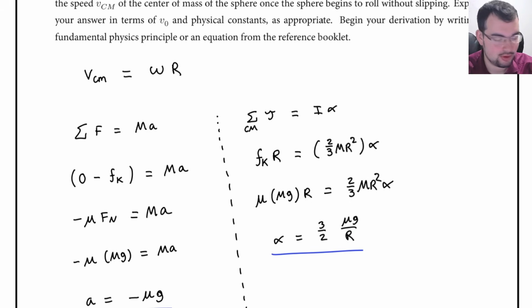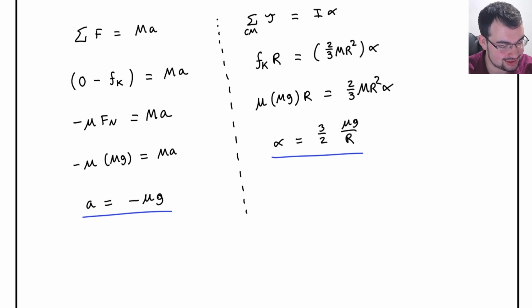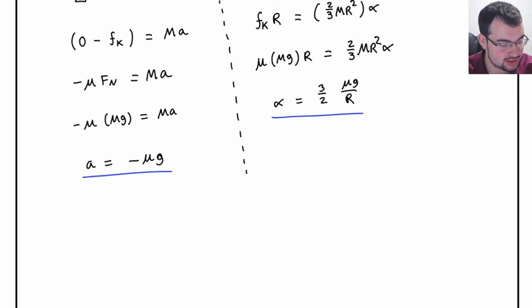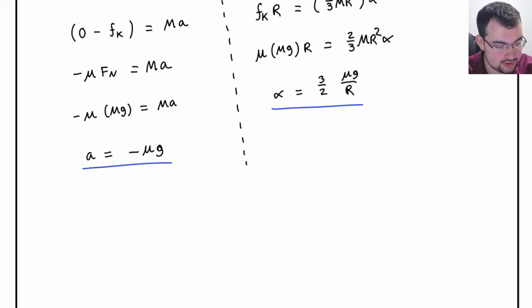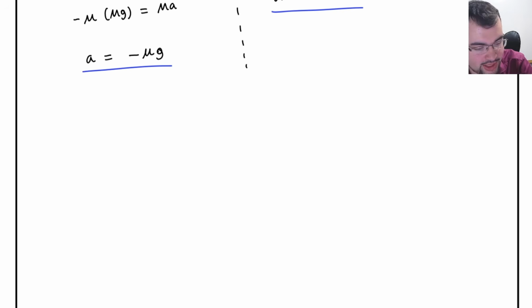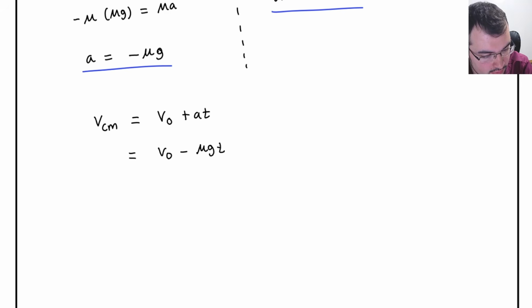So why does that help? Well, notice this is a constant acceleration. So since these accelerations are constant, this means we can write the following. We can say that v, for the center of mass, we can just use kinematics. Right, we have a velocity function that's linear.